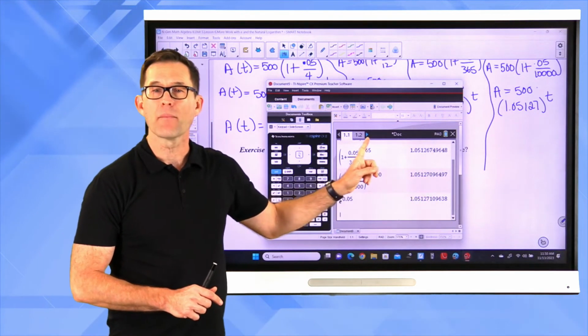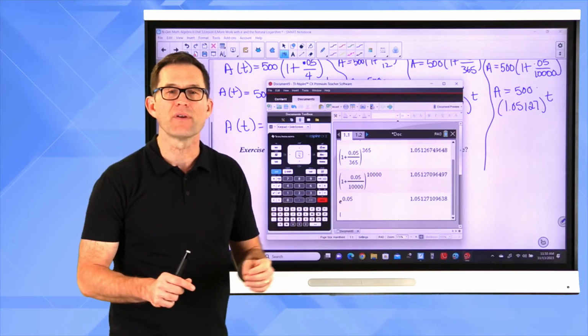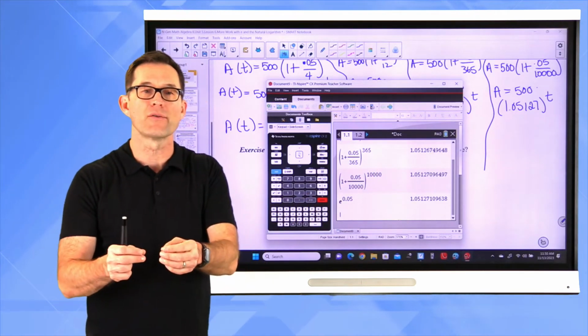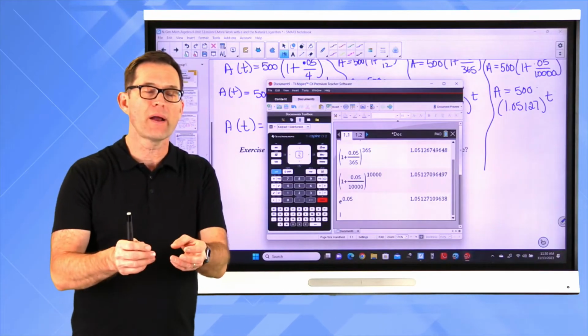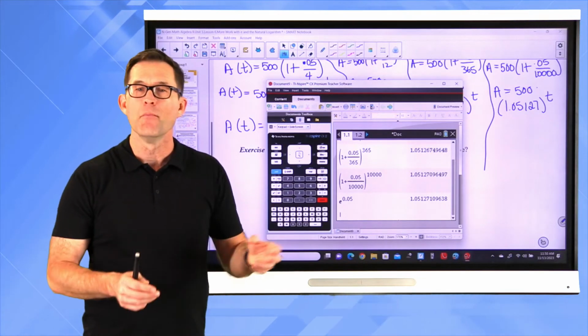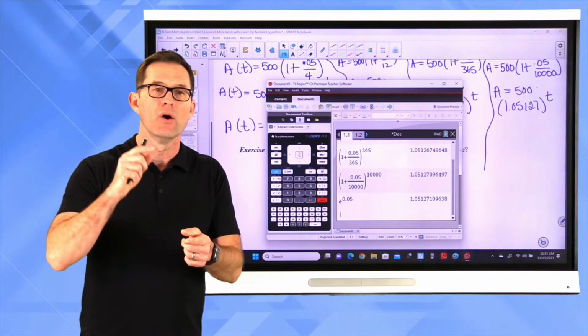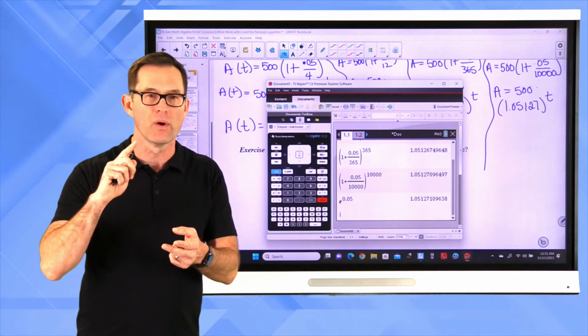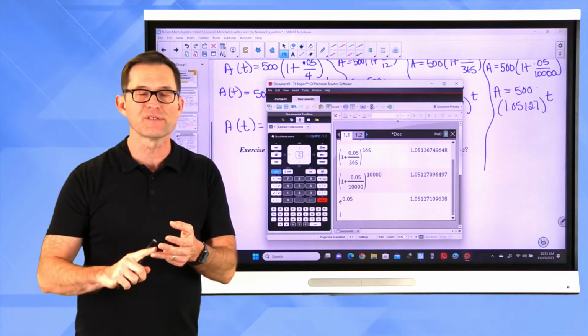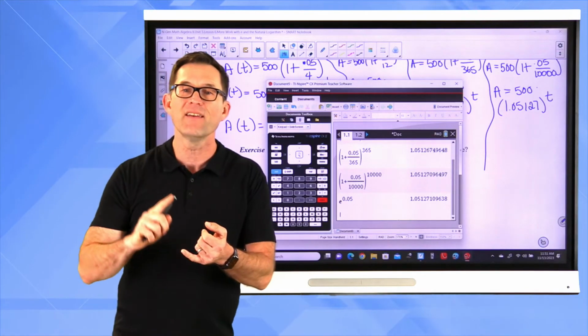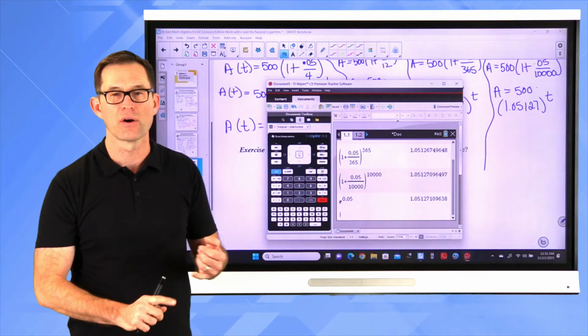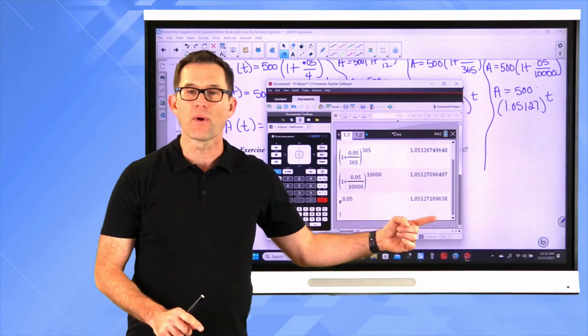Remember, every one of those numbers was giving us just a little bit more interest, a slightly higher effective rate, but we were compounding at a faster and faster pace. We went from 4 times a year to 12 to 365 to 10,000 times a year. So what does the e represent?